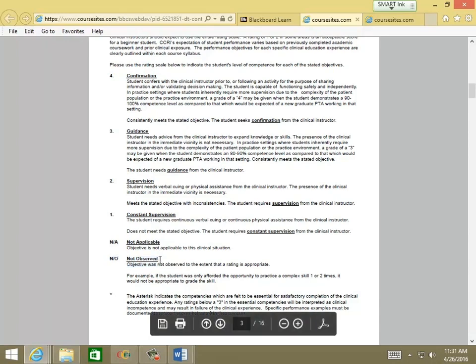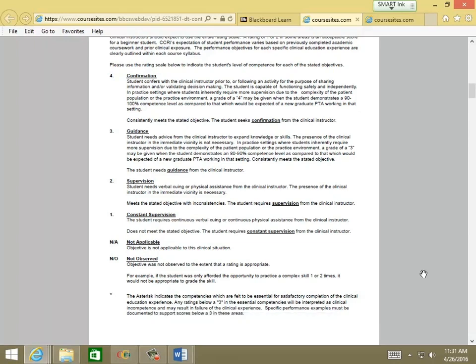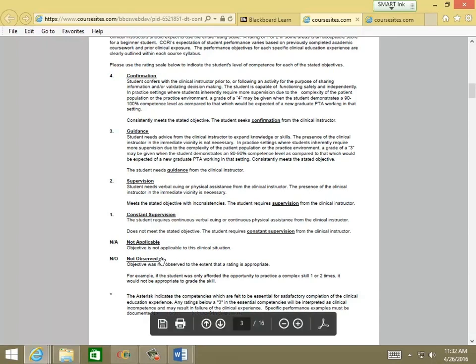So our students do need to meet certain expected performance criteria. And again, the only ones we expect you to rate the students on are the ones that you've watched them do consistently. Consistently enough to say that yes, they consistently need supervision, or they consistently need guidance, or they consistently are functioning at a confirmation level. If you can't speak to what they do consistently because you have not seen it enough, then please use the NO, the not observed score.